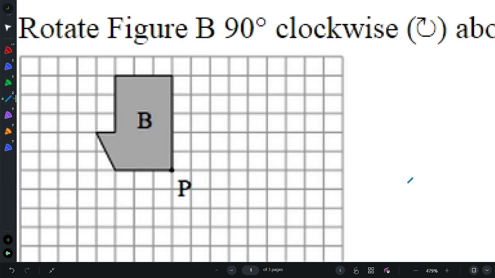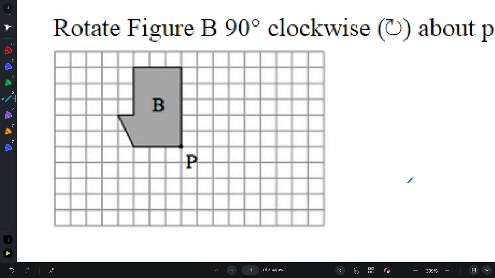And then finally B, it says take this thing and rotate it clockwise 90 degrees. Oh, around point P. Okay. So when I do that, this is going to just go here and lay down right there. And it was 1, 2, 3, 4, 5 tall, so it's going to be 1, 2, 3, 4, 5.